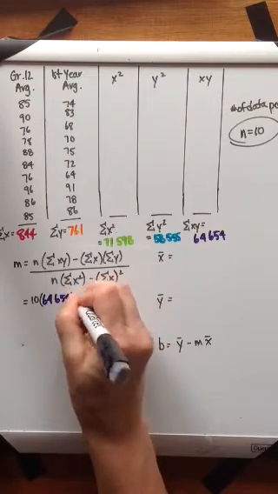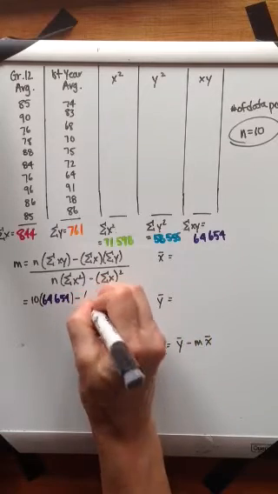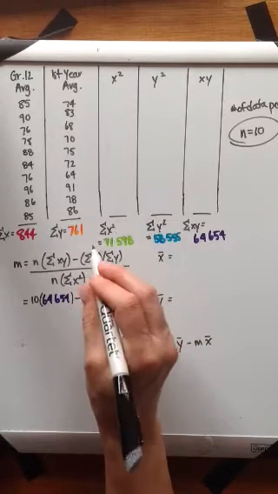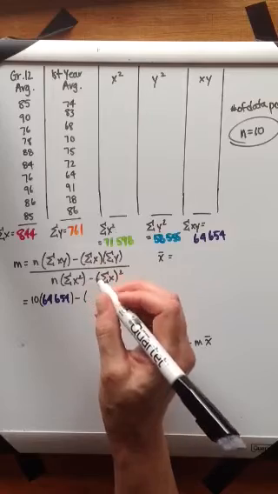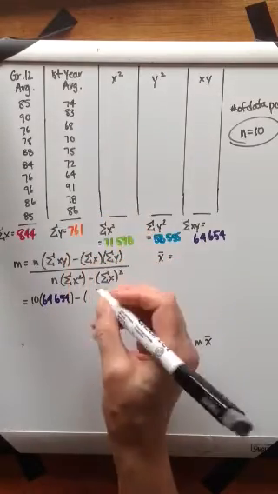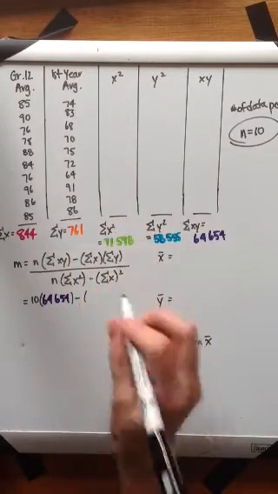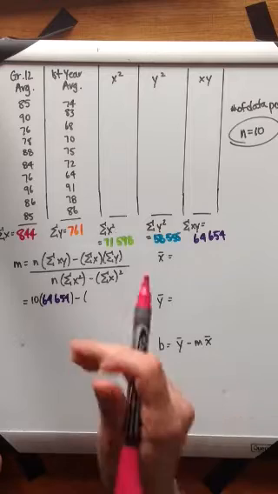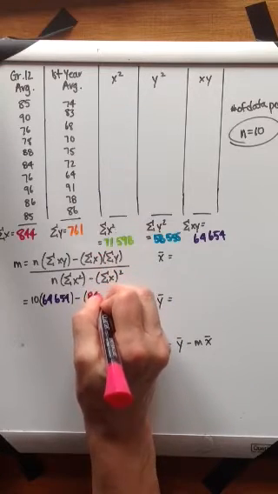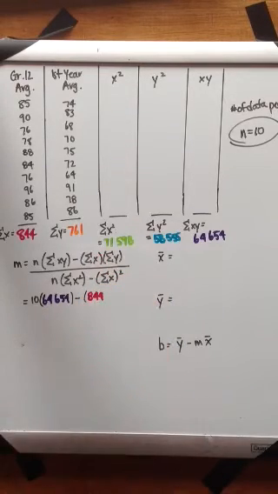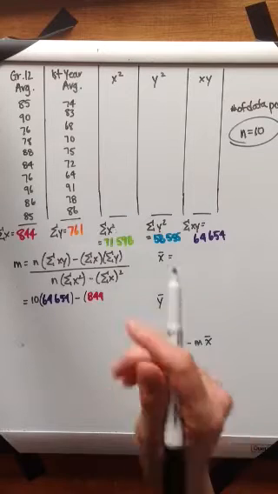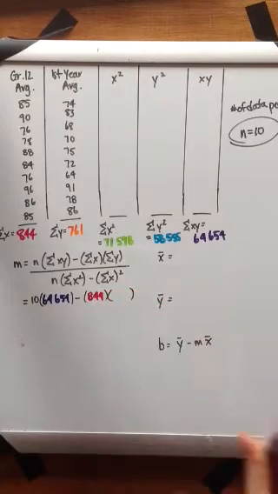From that, we're going to subtract the product of the sum of the x's and the sum of the y's. So we're going to put in 844 for the sum of the x's. We're going to put in 761 for the sum of the y's.